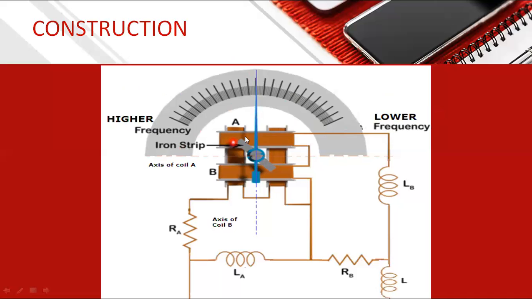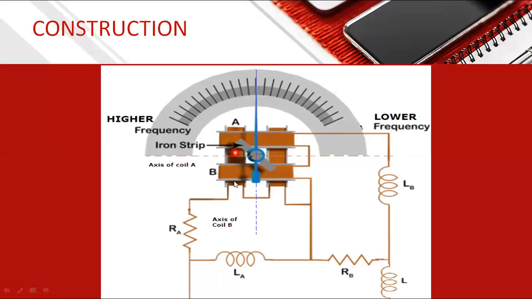And you can see that we have coil A. You can see the coil A is wound about this horizontal axis, and this is how the coil A is wound.